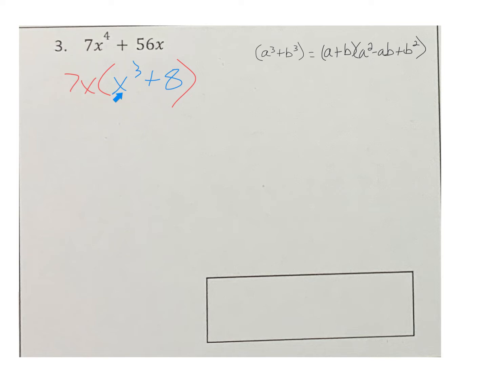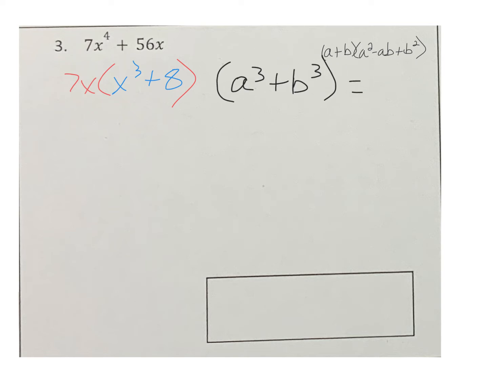All right, well, x to the 3rd plus 8 is the sum of cubes. The cube root of x cubed is x, and the cube root of 8 is 2. So then we're going to have to remember how to factor the sum of cubes.